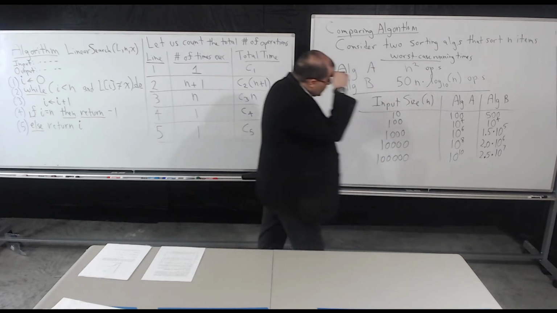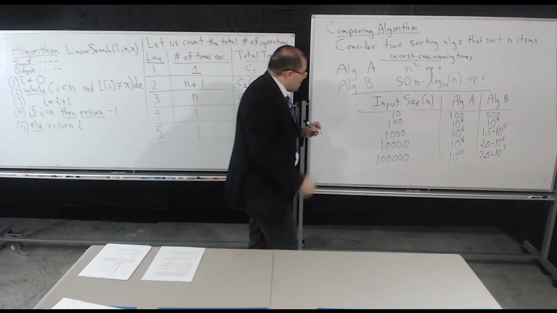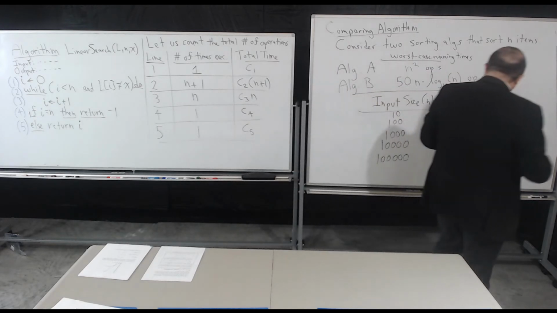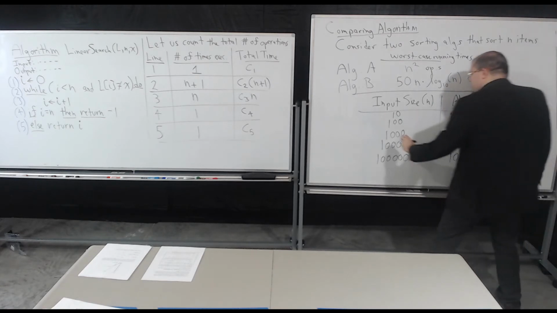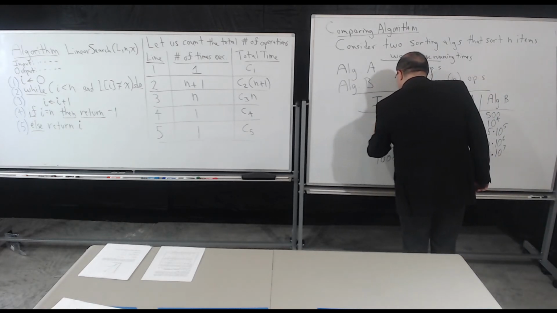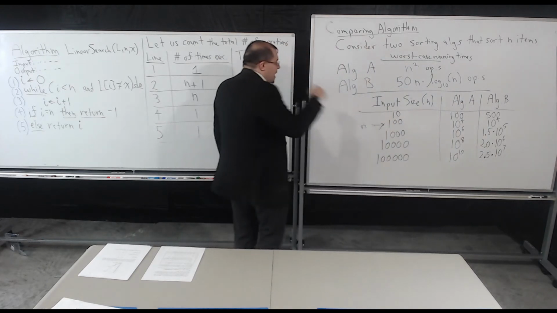Now, I want you to notice very quickly here that there's going to be some point n where these two algorithms basically are neck and neck. It's right about here, right? So right when you get to about 100 here. But notice right when I get to like 1,000, you can clearly see that this algorithm is all of a sudden just doing considerably better. So you'll notice that at this particular n, they match head to head here.